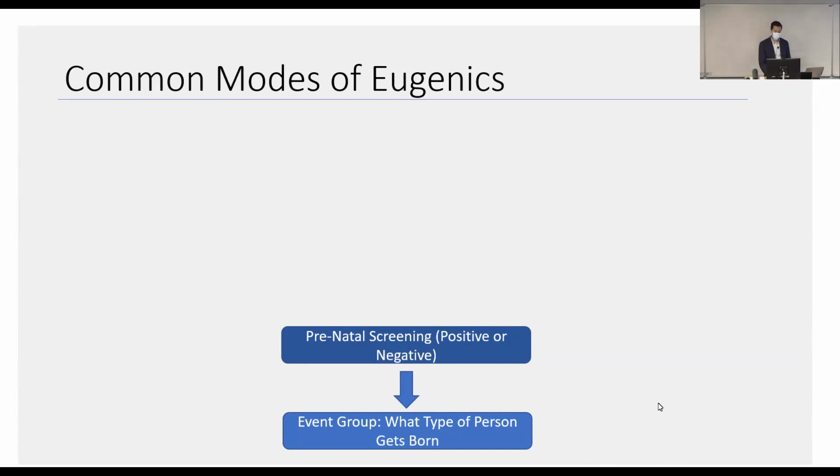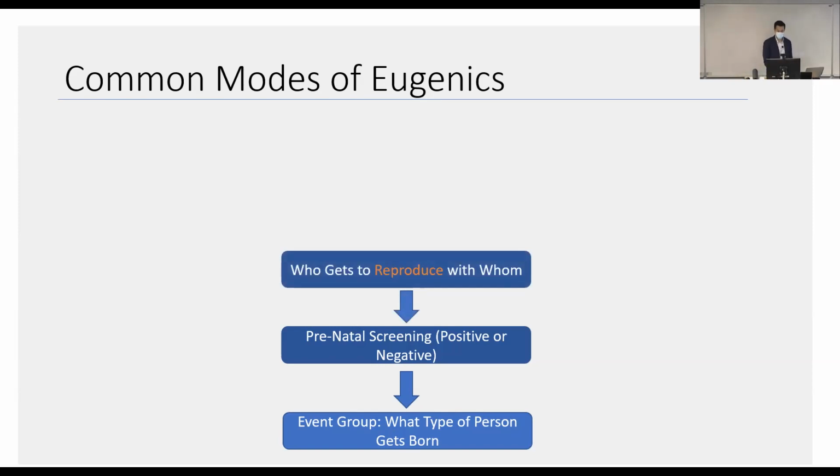Okay. Now, the point of this also is that prenatal screening occurs immediately in the causal chain before the birthing events. We may have others that lie at different points of the causal chain. For example, who gets to reproduce with whom?